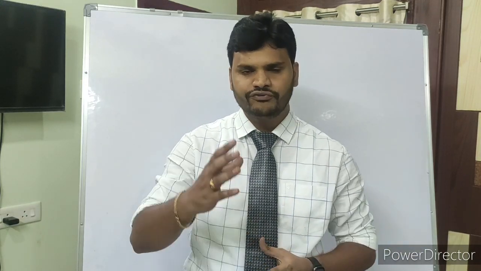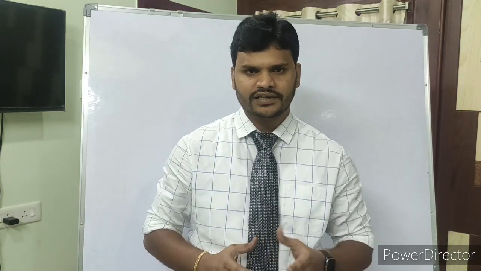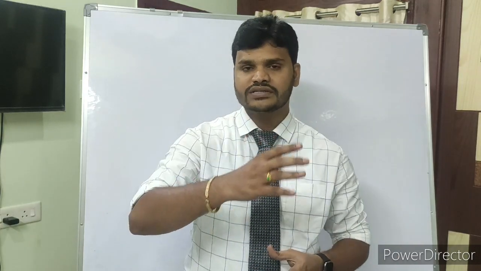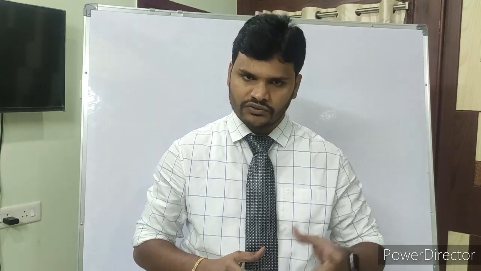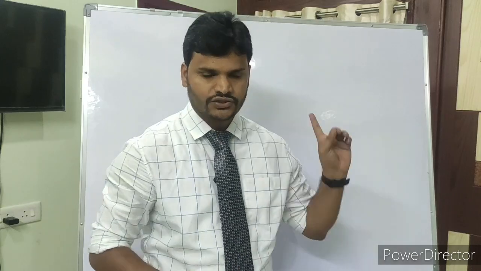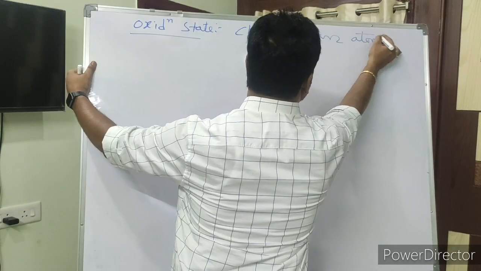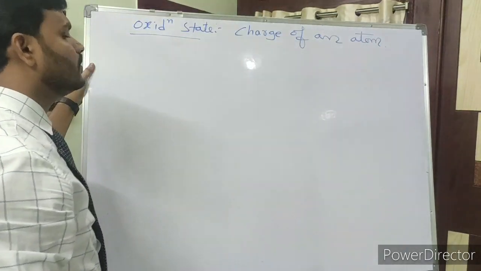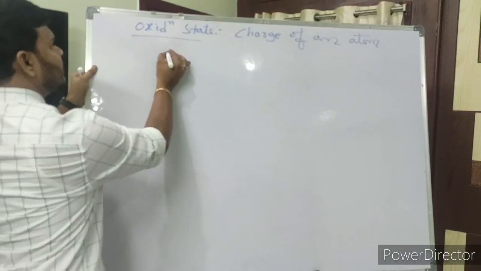Clear, students? But if you want to understand oxidation state in a very smooth manner, you need to focus on some basic key points. So now I am going to teach you the basic key points. So keep watching and learning. Just look at the board. This is the simple definition. It is called oxidation state. What does oxidation state explain?